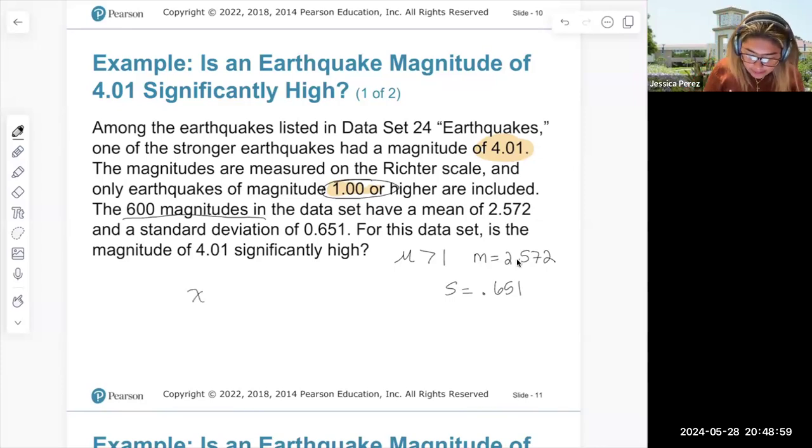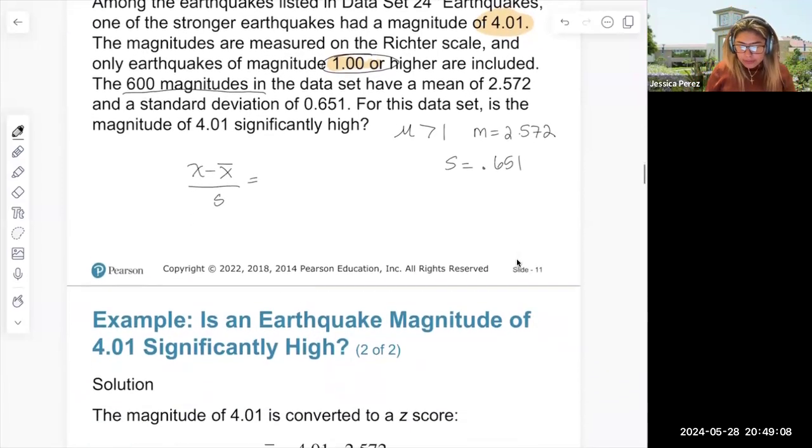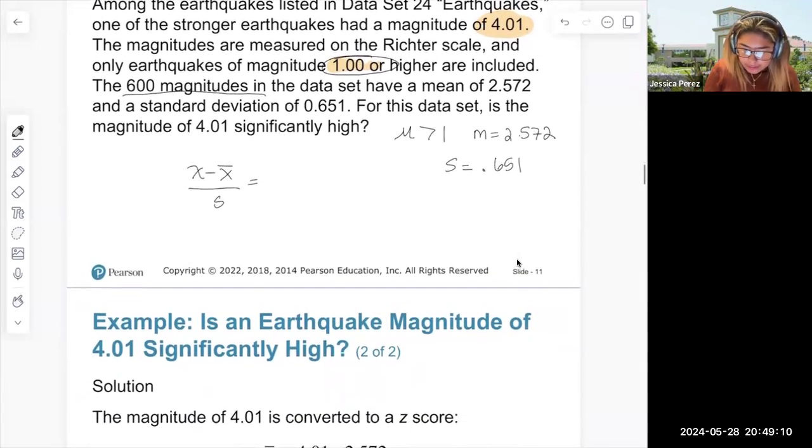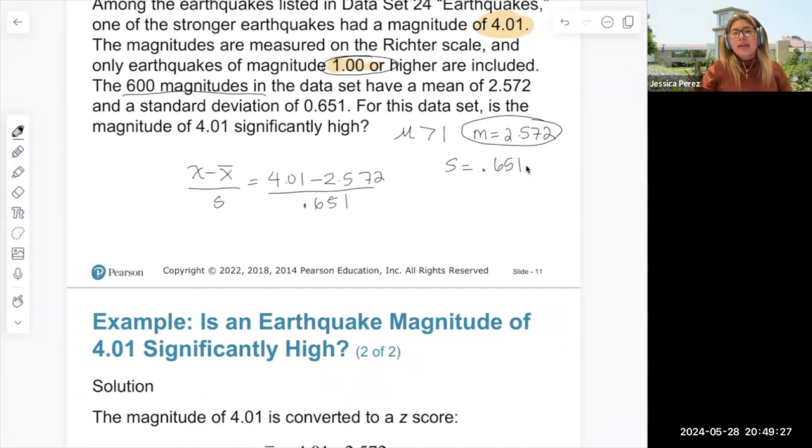So we have x minus the mean, over s. So we have 4.01 minus the mean, 2.572, divided by 0.651. So we're finding the z-score right now. Let's find that using our calculator again.